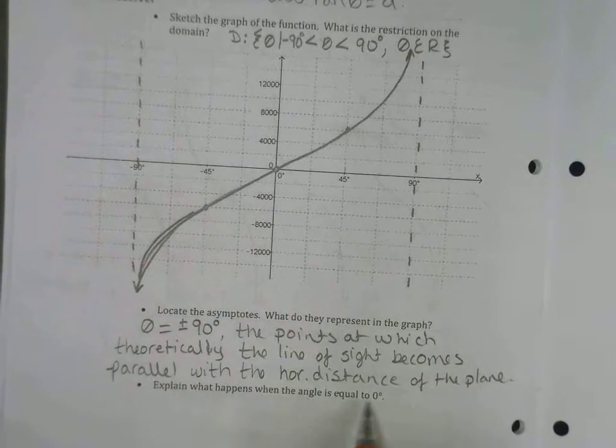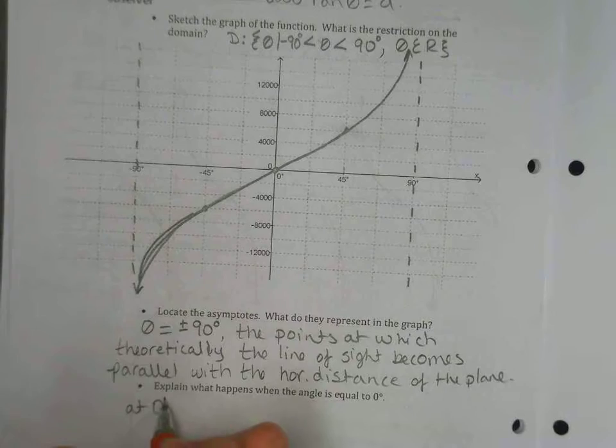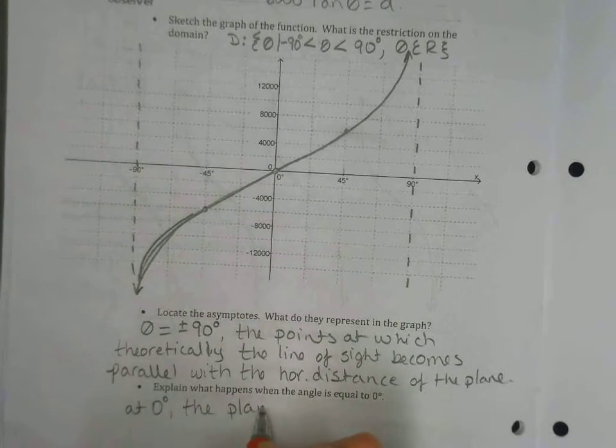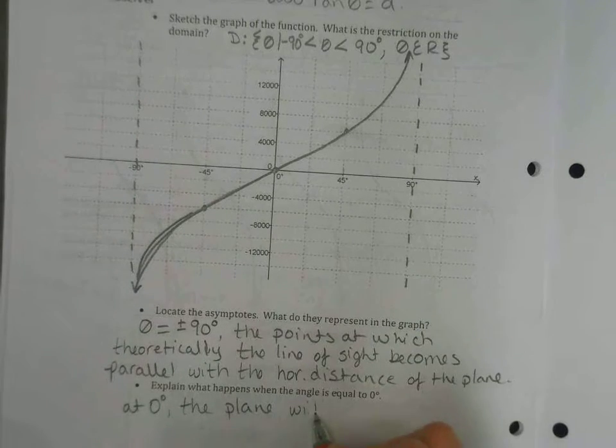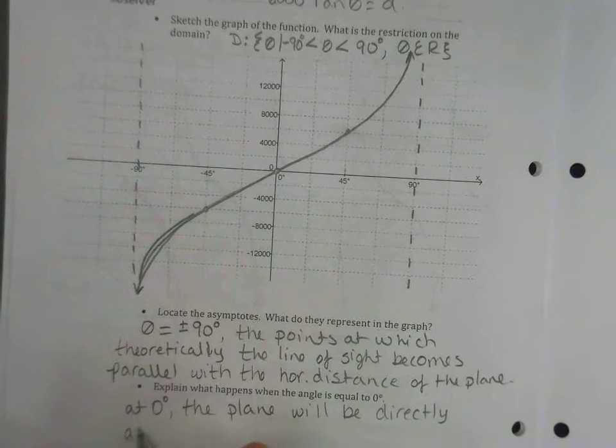And then explain what happens when the angle is equal to 0 degrees. Well, at 0 degrees, the plane will be directly above the observer.